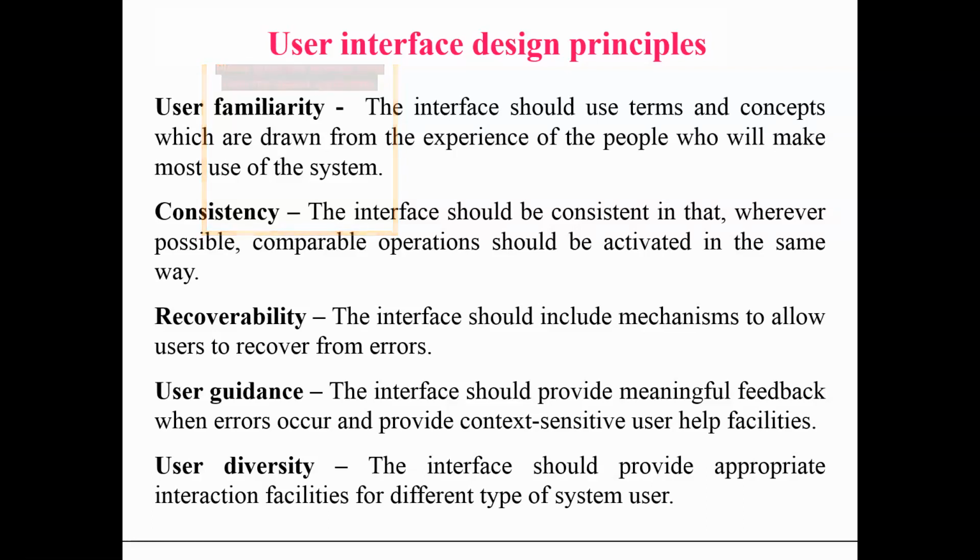Recoverability: include a mechanism to recover if any errors happen. And user guidance needs to be there, like meaningful feedback for the user, so if an error happens, they can overcome that error. And diversity needs to be there in the interaction of the users.